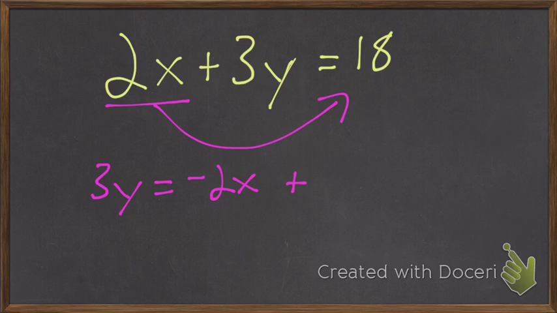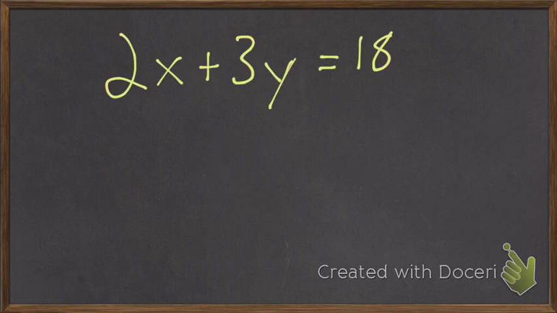What makes this so useful is if we start getting into problems where they want to know the y-intercept and the x-intercept. The y-intercept we just said was 6. We just saw that just now. But here's why this can be helpful. At the y-intercept, what is the value of your x-coordinate? 0. So if they say, hey, what's the y-intercept?